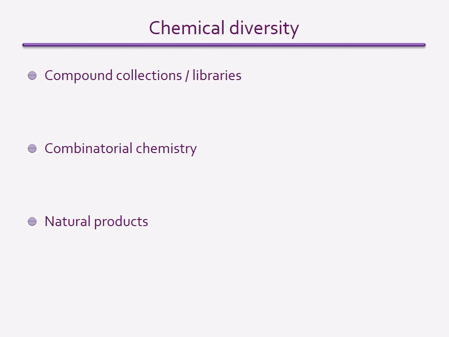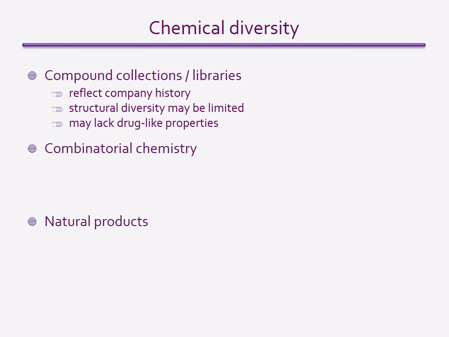One of the problems that companies have is that their libraries can lack structural diversity. Libraries very much reflect the company's history. So, if it spent many years developing, say, beta blockers to treat cardiovascular disease, the library may contain many compounds with activity at these receptors, but they would inevitably not be hugely different.